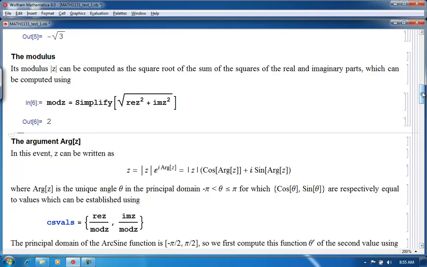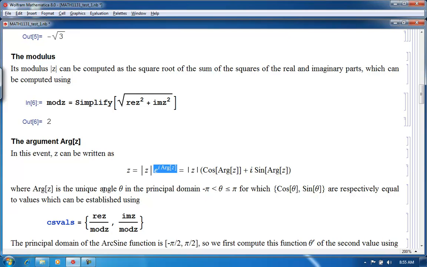The argument, now this is kind of tricky, this one. We can write a complex number in this polar form involving its modulus times the exponential of i times its argument. And because of de Moivre's theorem, this is equal to the modulus times the cos of the argument plus i times the sine.